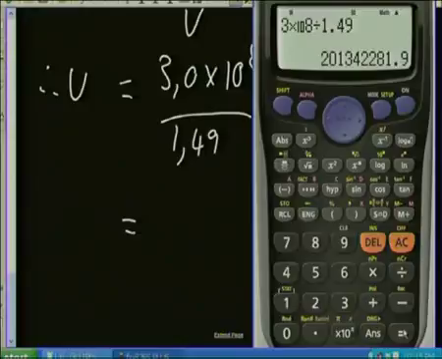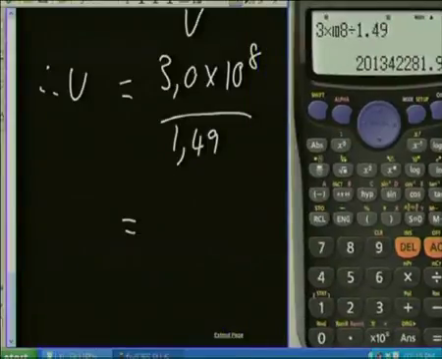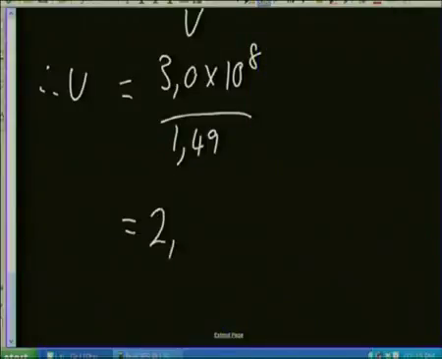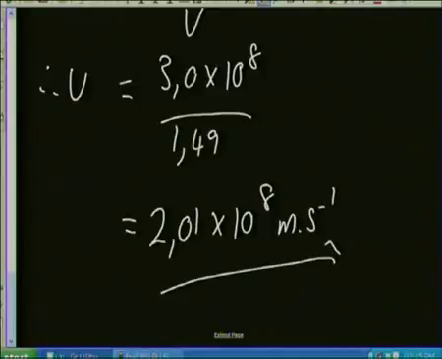So it's 2.01 times 10 to the 8 meters per second. Let me write that down so we've got it. So it's got quite a bit slower.